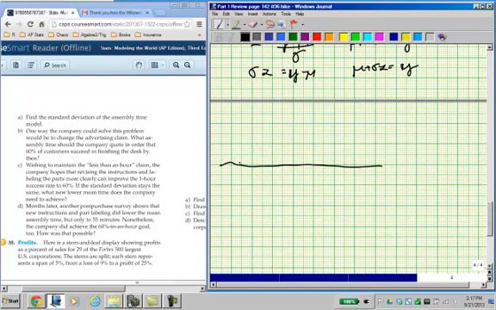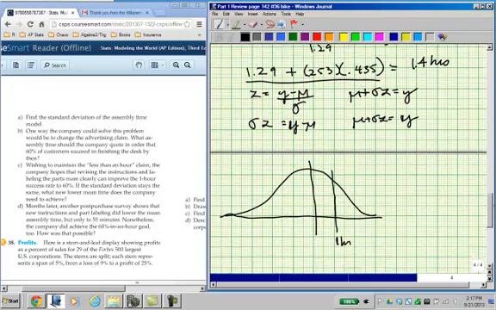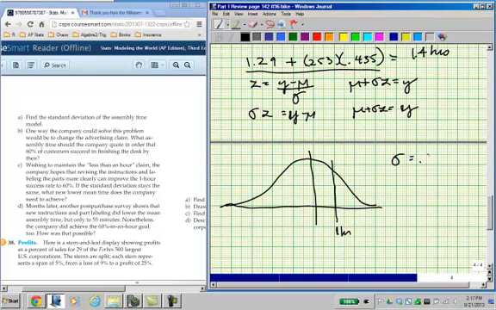And so they hope to move the 60% not to be 1.4, but they want this to be 1 hour. Now, they say the standard deviation is going to stay the same, so sigma is going to equal 0.435.